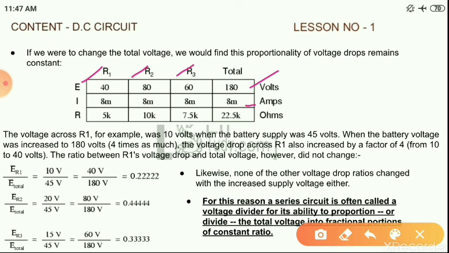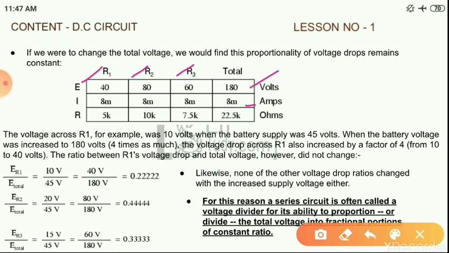When the battery voltage was increased to 180 volt, 4 times as much, the voltage drop across R1 also increased by a factor of 4, from 10 volt to 40 volt. The ratio between R1's voltage drop and the total voltage, however, did not change.